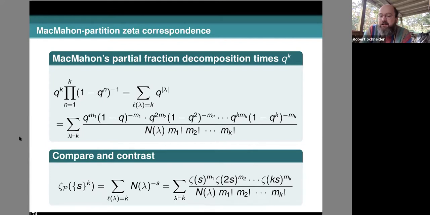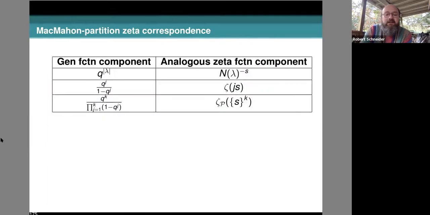Look at the zeta functions and look at the geometric series here. We're seeing that there's a correspondence between the generating functions and the corresponding zeta function components.